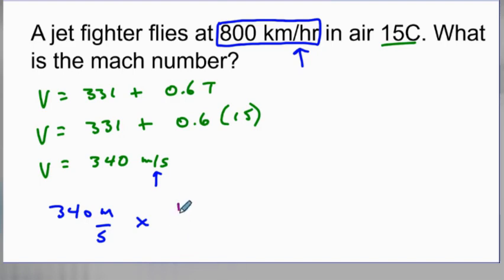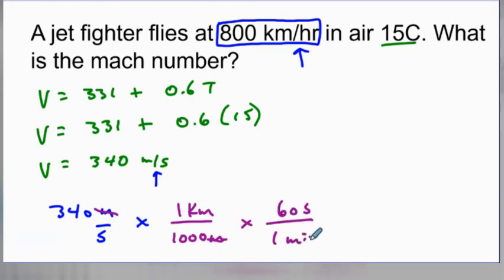Let's go: 1 kilometer is 1,000 meters, so that gets rid of my meters. And then I'm going to get rid of my seconds. 60 seconds is 1 minute, and 60 minutes is 1 hour.